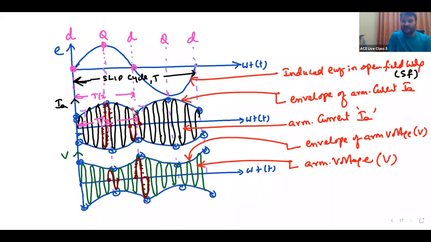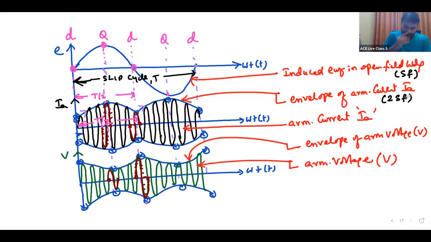When the time period is T by 2, the frequency is 2 times slip frequency, 2SF. Time period is half, frequency double. So the envelope of armature is 2SF.